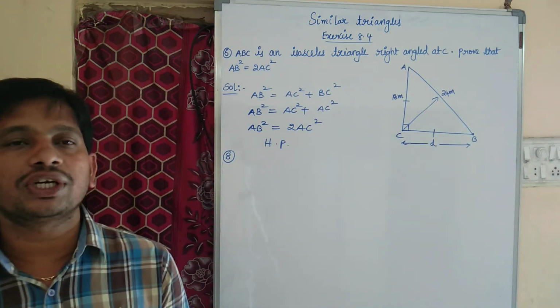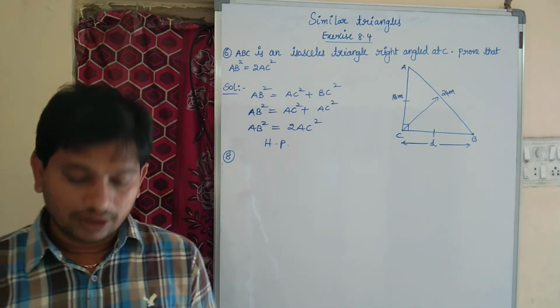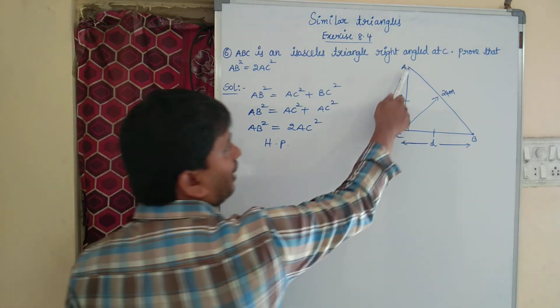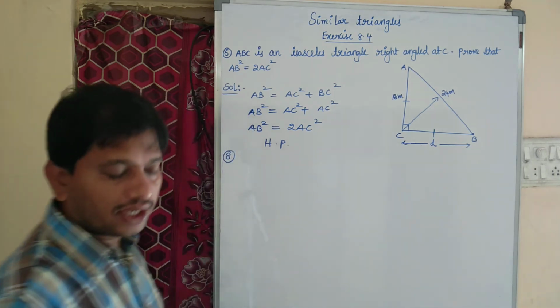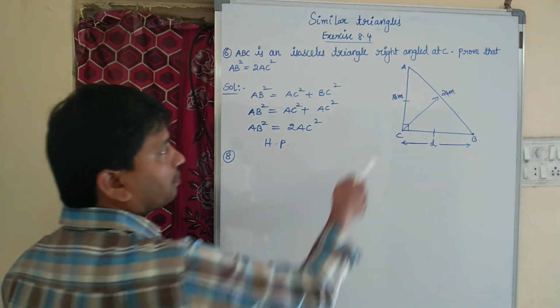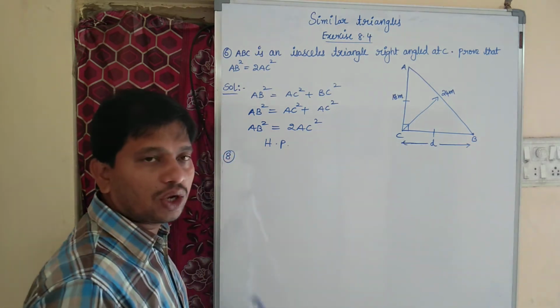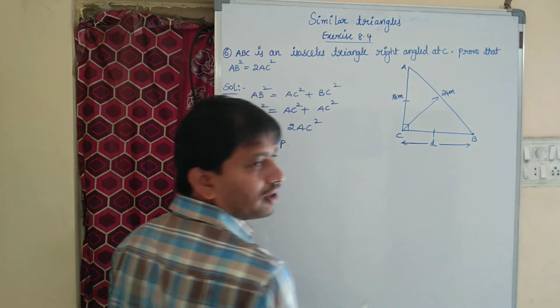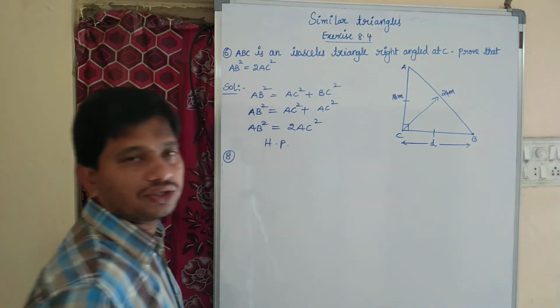You read the question carefully from your textbook. A 24-meter long wire. So here hypotenuse is 24 meters. It is attached to the vertical pole of height 18 meters. This is our pole, 18 meters. Now they are asking to find the distance between the base of the pole and the stake which is attached.